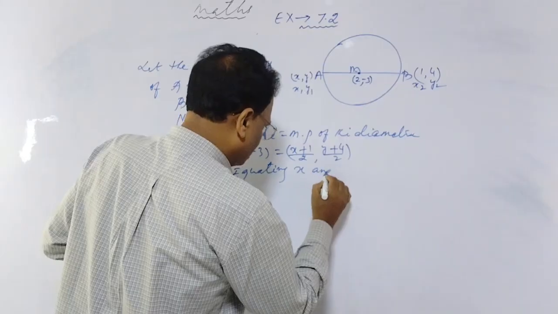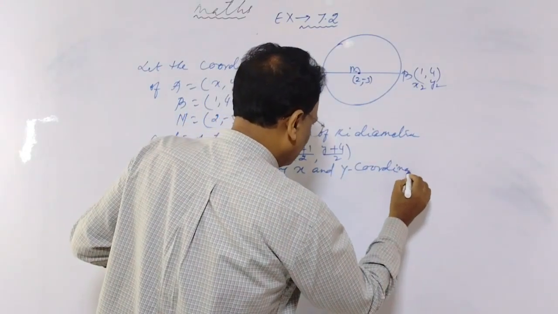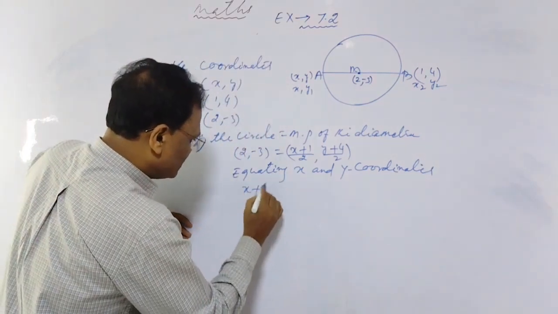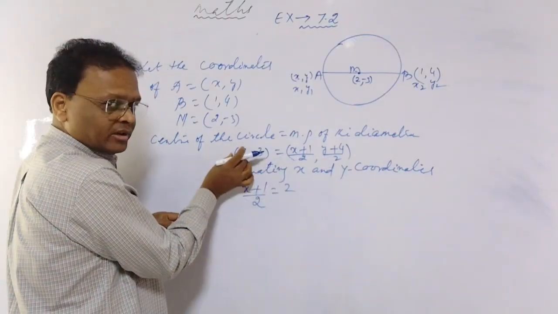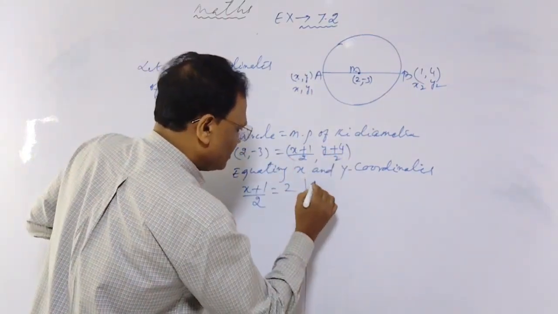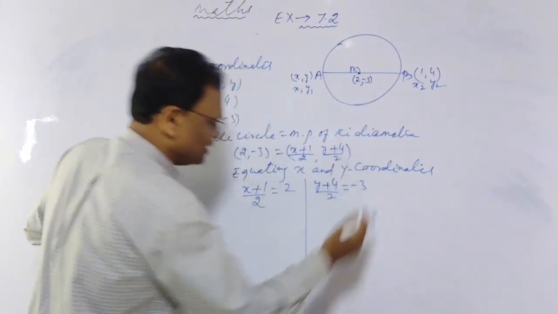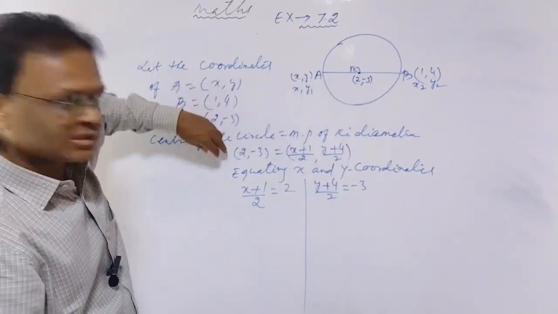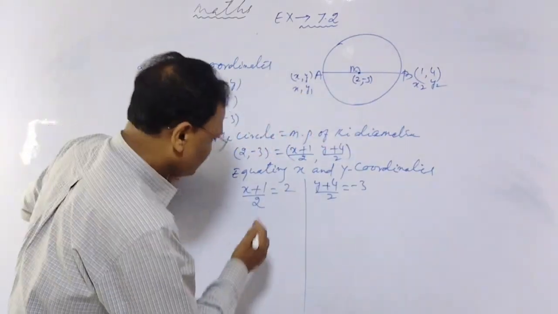x and y coordinates. If I equate x and y coordinates, what am I getting? x plus 1 divided by 2 is equal to 2. That is the x coordinate. For the y coordinate, y plus 4 divided by 2 is equal to minus 3. I am equating x coordinate to x coordinate, y coordinate to y coordinate.